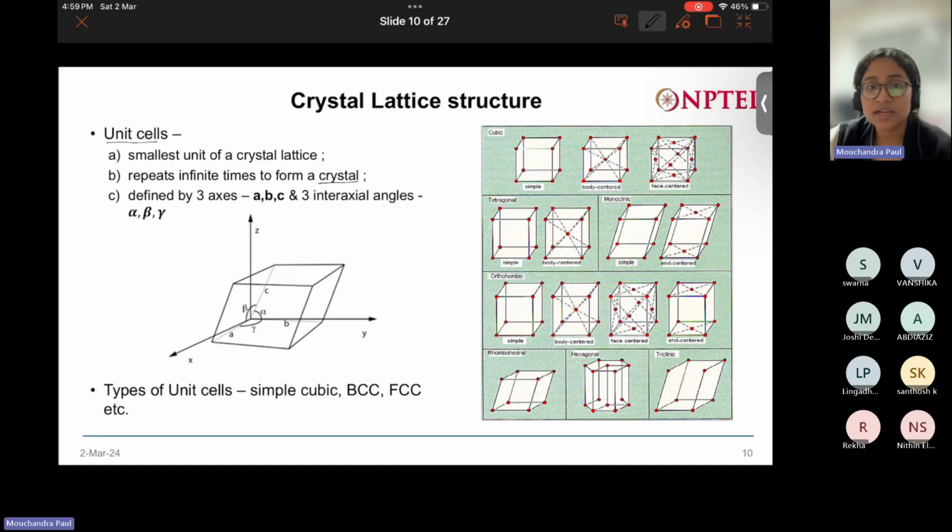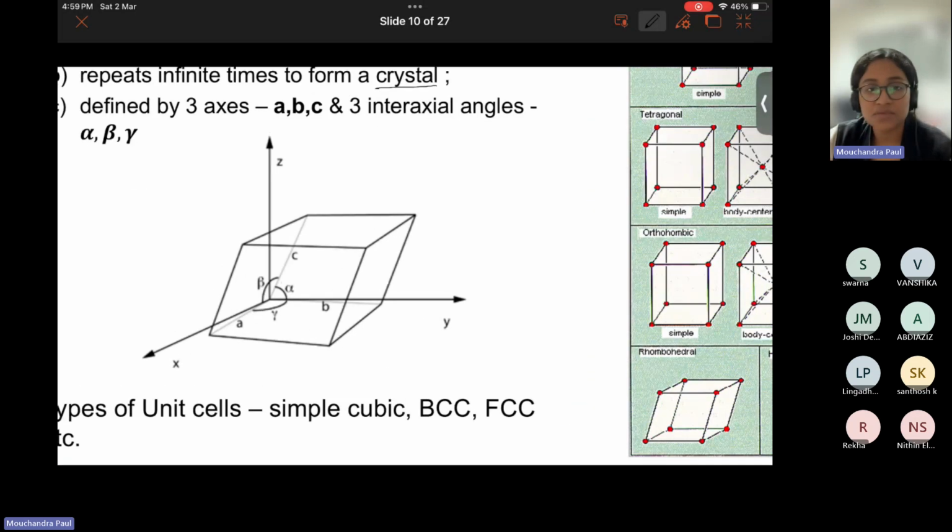A unit cell is defined by three axes. I hope you have already seen this diagram in my previous discussion sessions. The three axes are named A, B, and C. A is along the x-axis, B is along the y-axis, and C is along the z-axis.